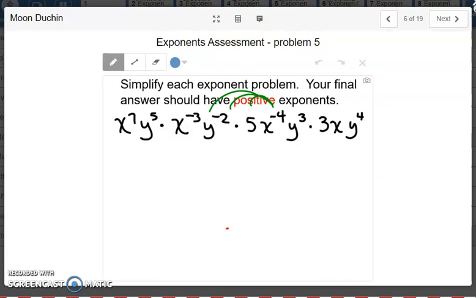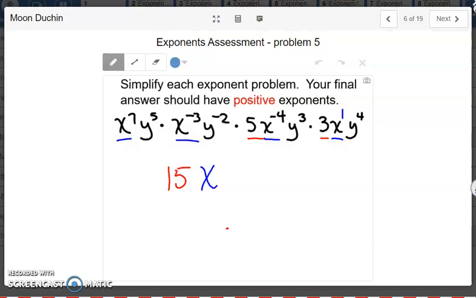This is our product rule. So basically we're combining the exponents of those parts that have like bases. We have some numbers that are unlike bases, that's the 5 and 3. So 5 times 3 is going to be 15. For the x, we have 4 of those, and the last one does not have an exponent, which means the exponent is 1.